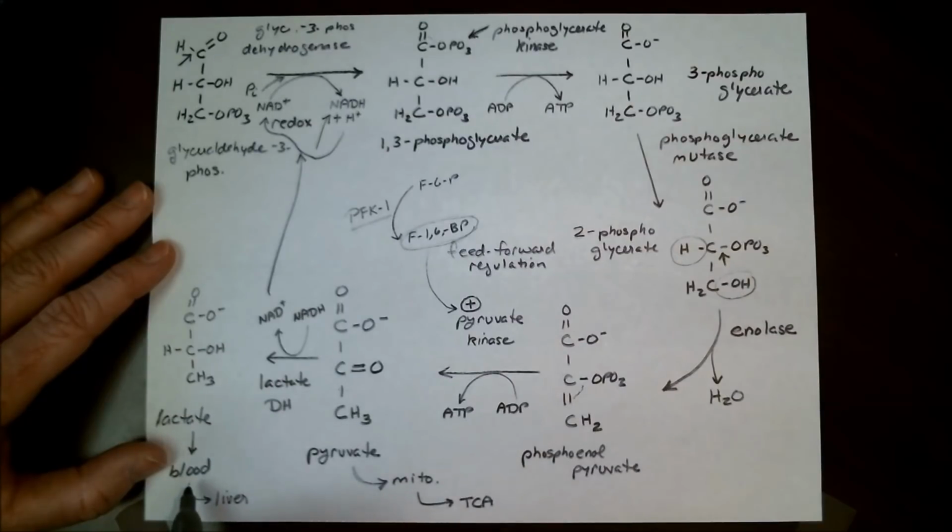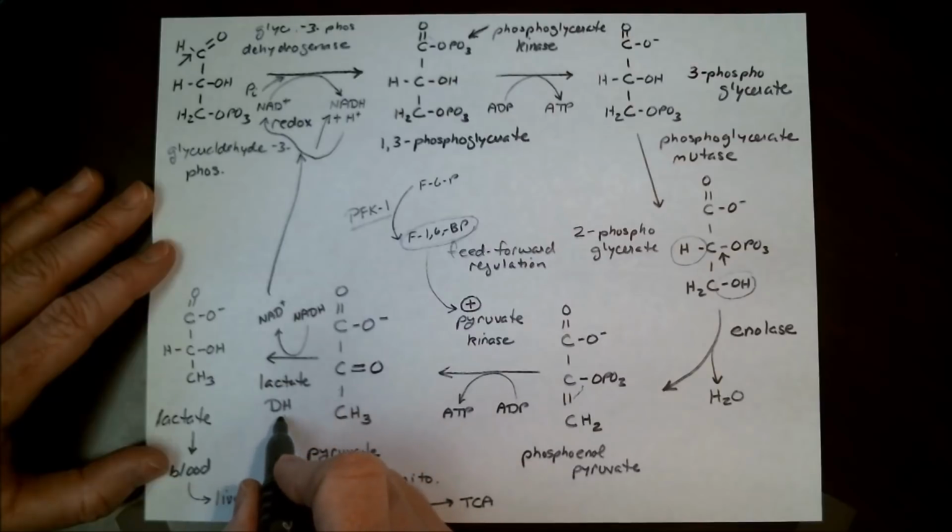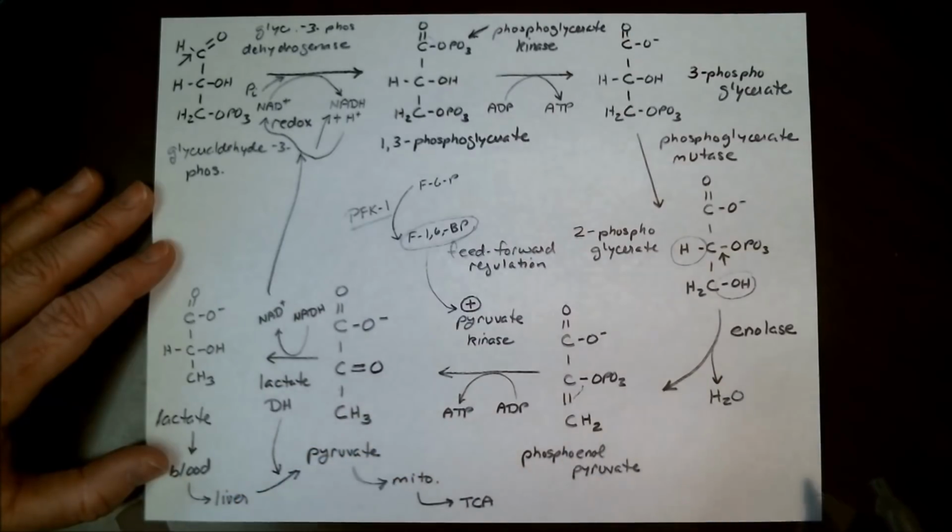The liver will take up the lactate, and the liver, using the same enzyme, lactate dehydrogenase in the liver cell, will convert it to pyruvate. Then the liver will take the pyruvate, process it, get it into the mitochondria, and then use that product for other essential reactions that we'll talk about later.